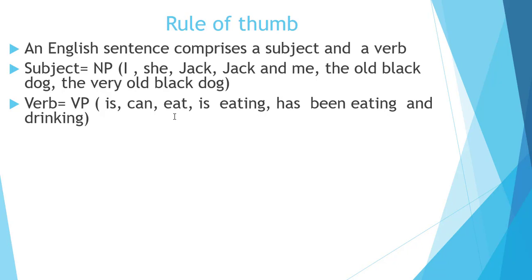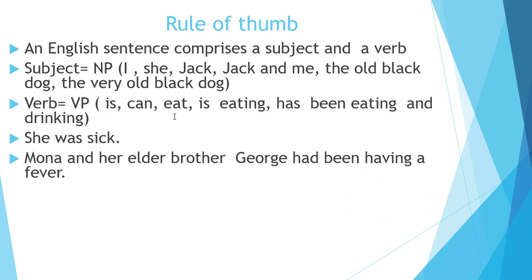So we now understand what a sentence consists of: a subject and a verb, a noun phrase and a verb phrase, okay? For example, she was sick. This is a sentence. Mona and her elder brother, this is a noun phrase. This is the subject. And her elder brother George had been having a fever, this is the verb phrase.